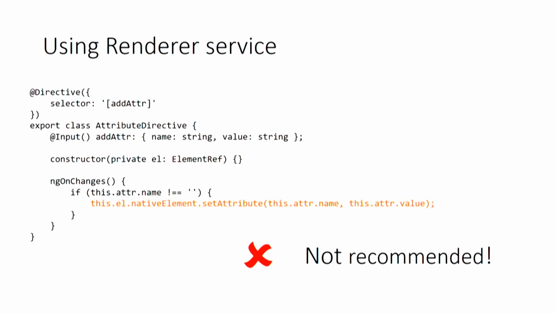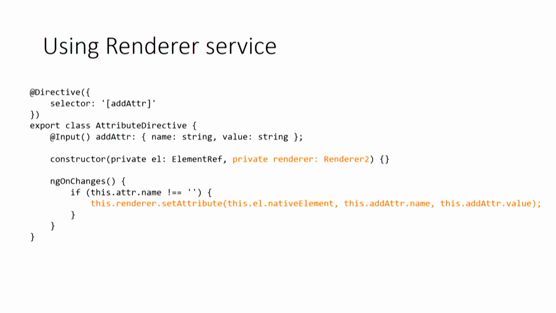Let's do it right now. Just to remind you, this is the approach that is not recommended. To use the Renderer service, we simply inject it into the constructor and then use its setAttribute method to add an attribute to the DOM element. And this is the correct approach to manipulating DOM element properties.